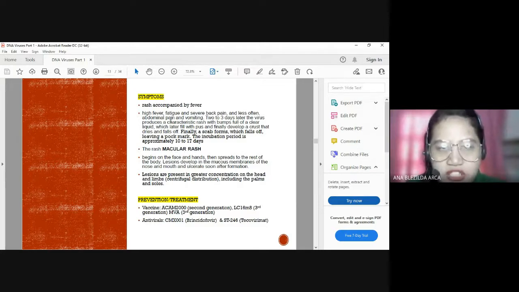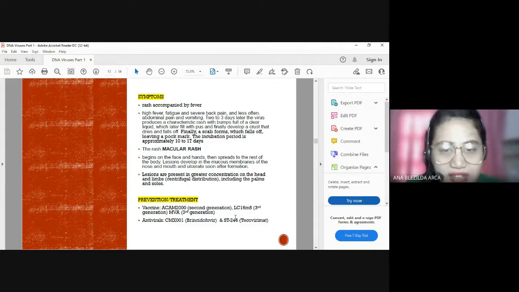Yung mga pustules, yung mga lesions, ang tawag doon ay pustules. Kasi may mga pus, di ba? Yun. So again, kapag yan ay smallpox, the lesions are present in greater concentration in the head and limbs. Kaya tinawag na centrifugal distribution. Okay? So for the prevention and treatment, again, you can use the vaccine, the ACAM 2000, or the LC16M8 and the MVA.